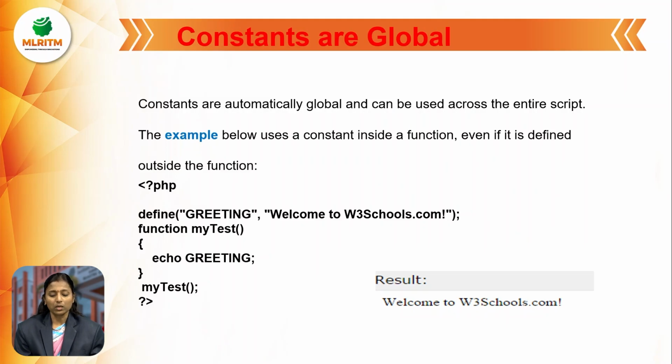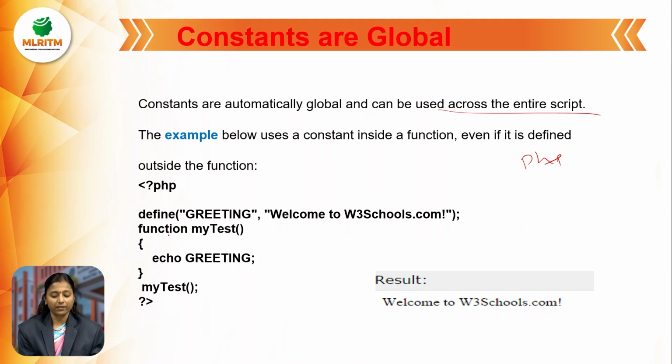The next topic is how constants are global. Constants are automatically global and can be used across the entire script, the entire PHP program, whether defined inside or outside a function.